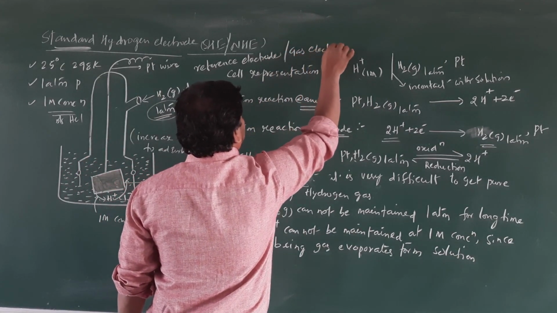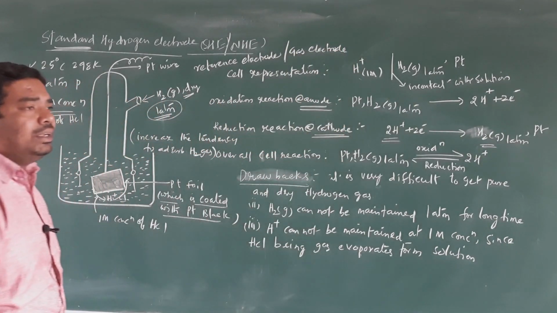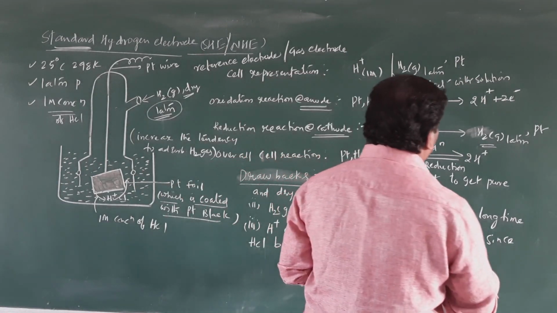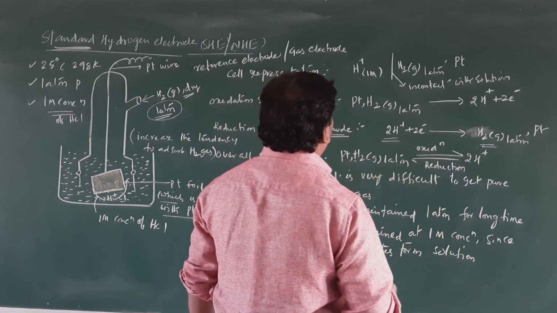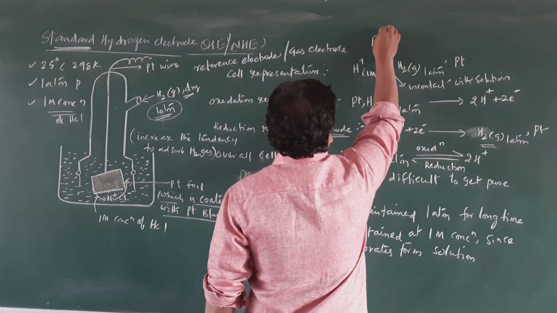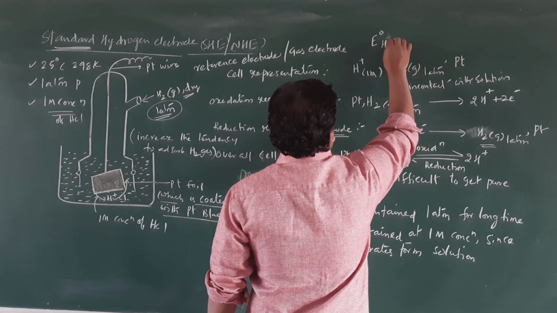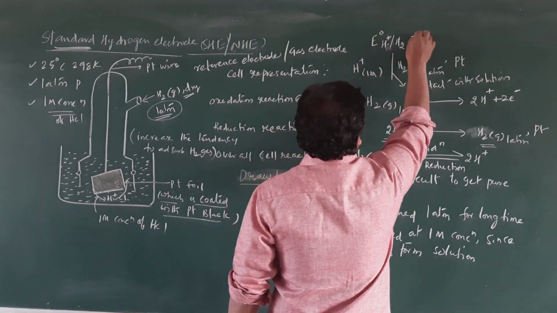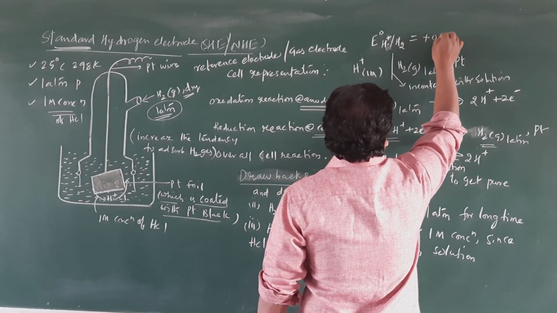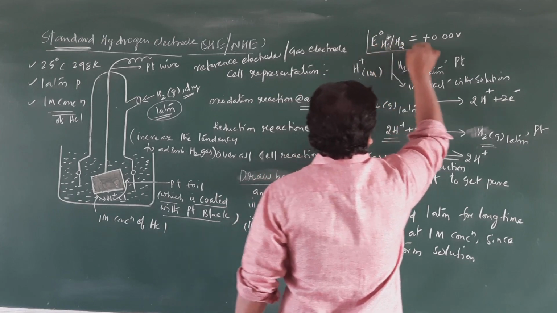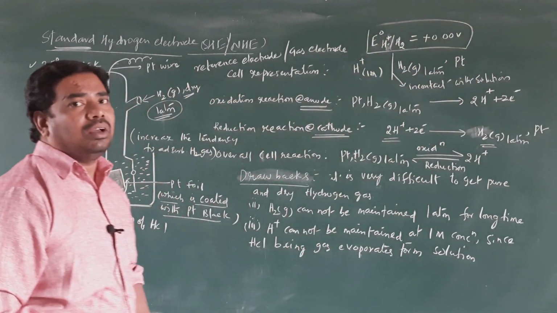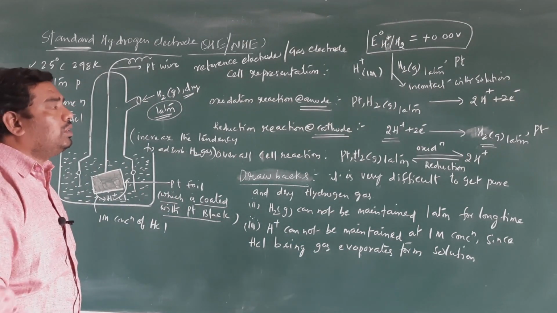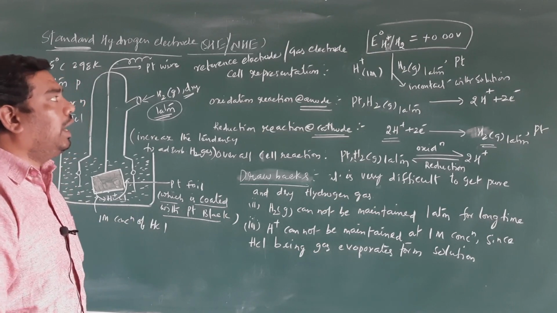The standard reduction potential of the hydrogen electrode, E naught H plus by H2, we arbitrarily fix at 0.00 volts. That is the standard reduction potential of the hydrogen electrode.